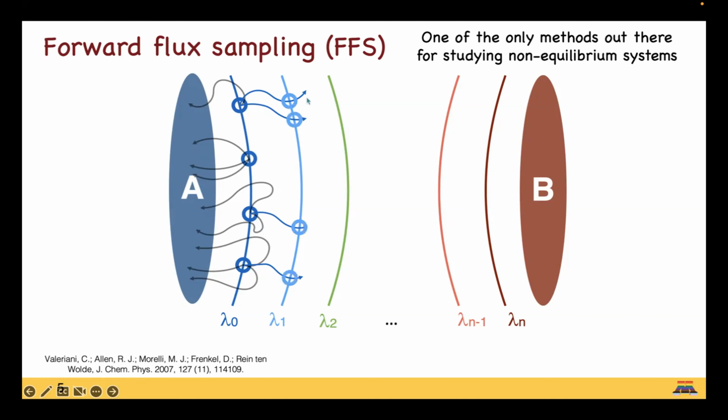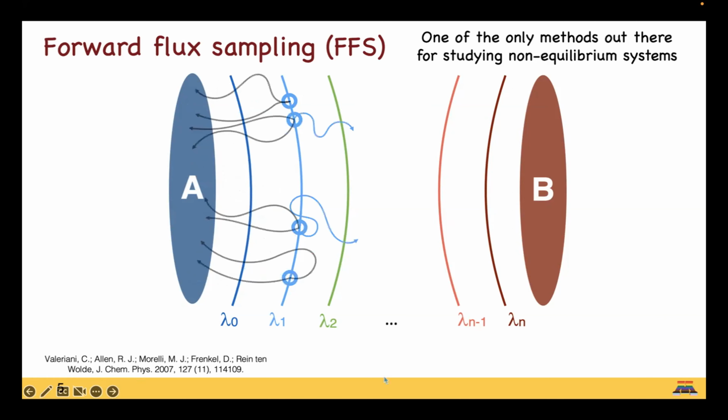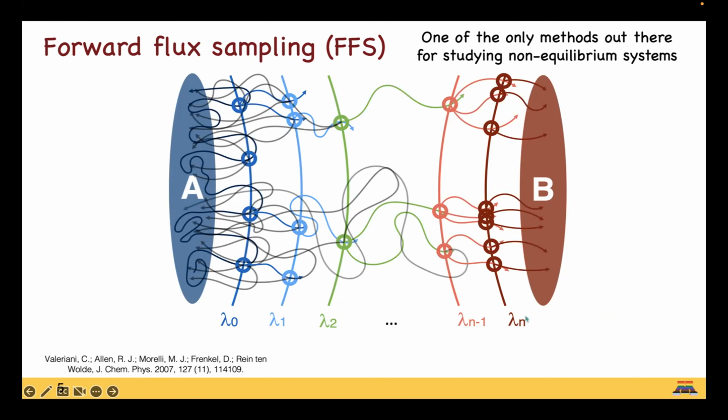You pick those configurations, and then you run several simulations. Some will move forward, many will go back. And then you just keep doing this process till you get to state B. You can think about this as climbing a ladder one step at a time, right? Because we only shoot forward, this is what I meant by saying that we only do a forward propagation. And that's essentially what allows you to also use this method to study non-equilibrium systems.